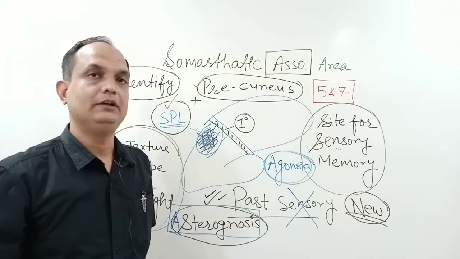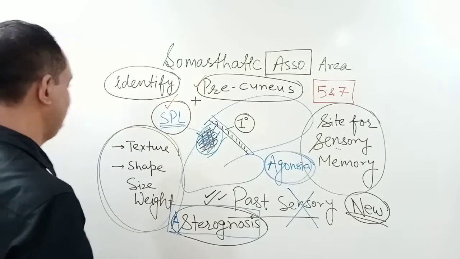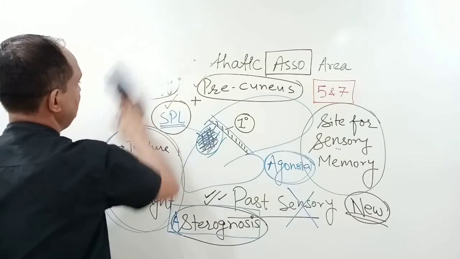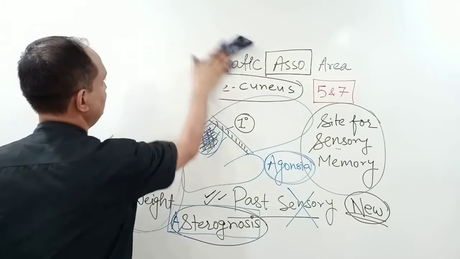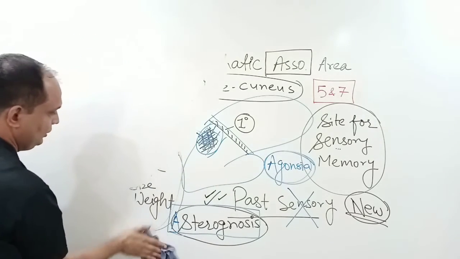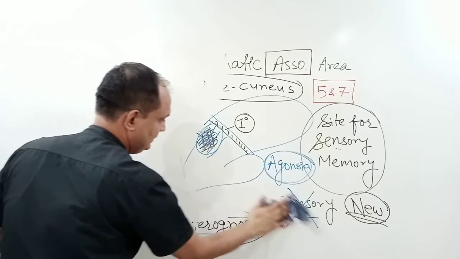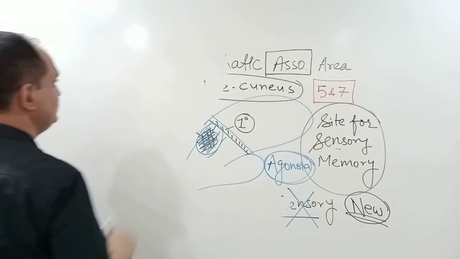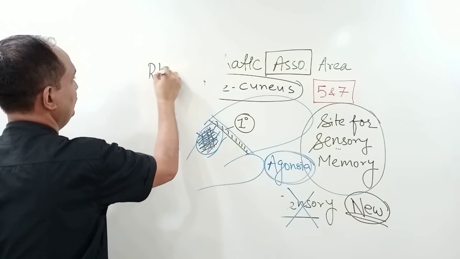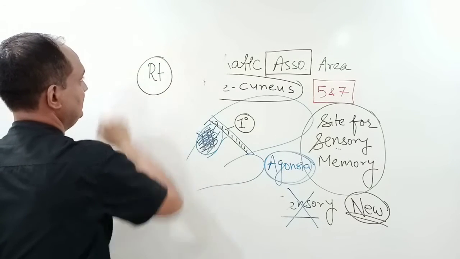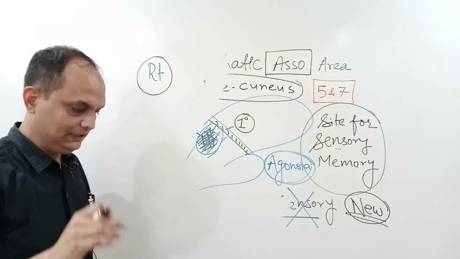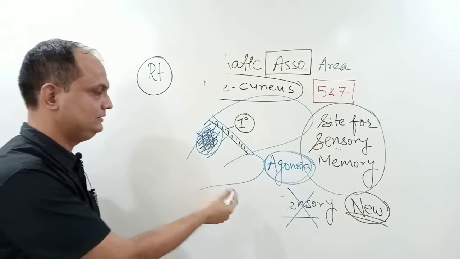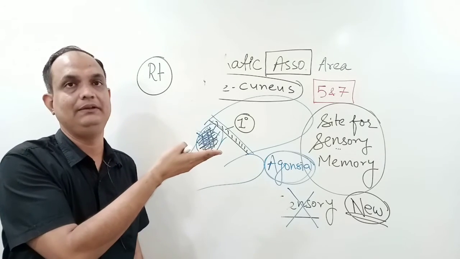Now the second thing is that if there is an extensive lesion, then the person is not able to identify half of his body. This is basically the function of the right parietal lobe. You know that we have the right and left cerebral hemispheres. Stereognosis is basically the function of the left cerebral hemisphere.